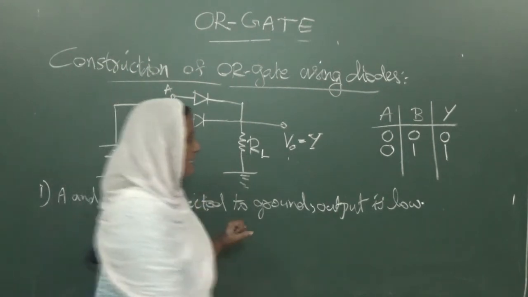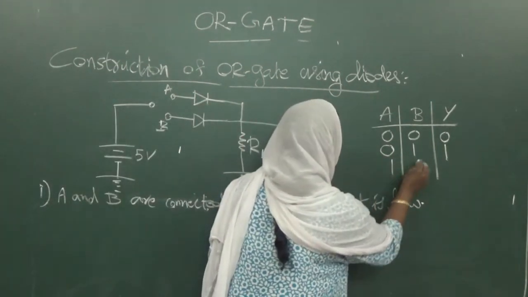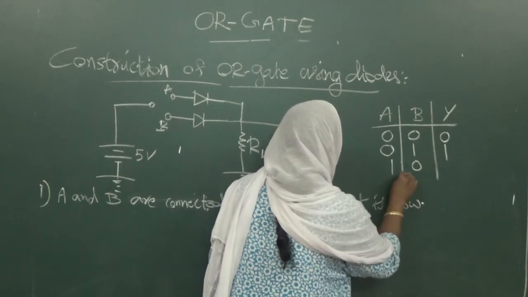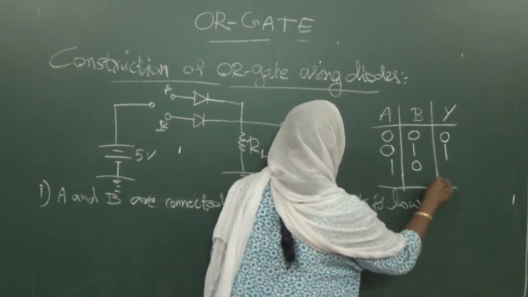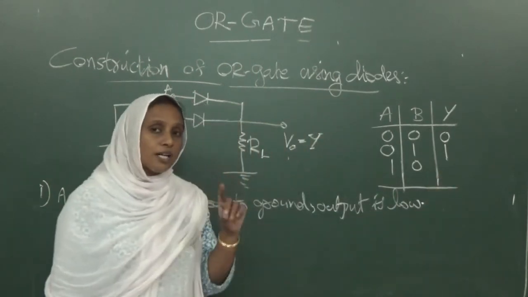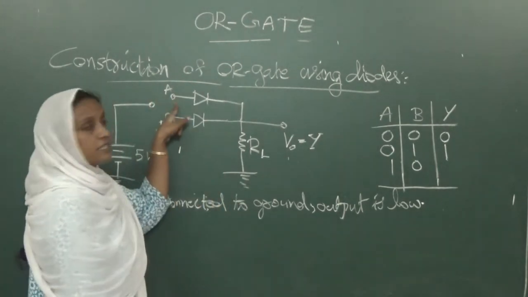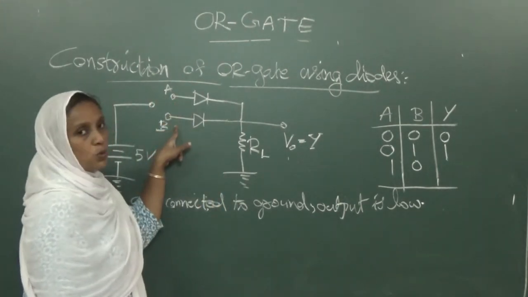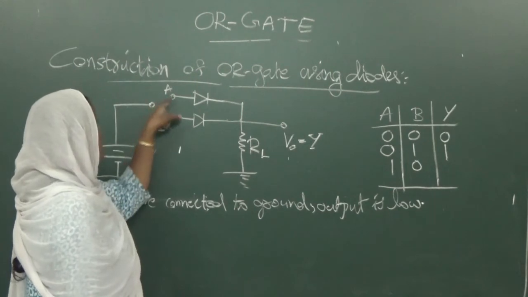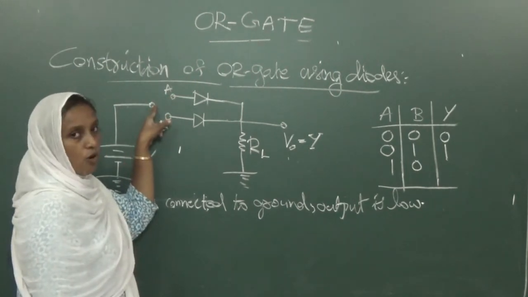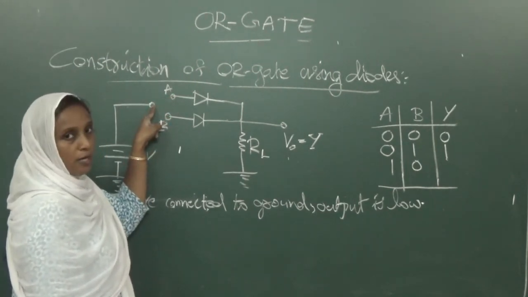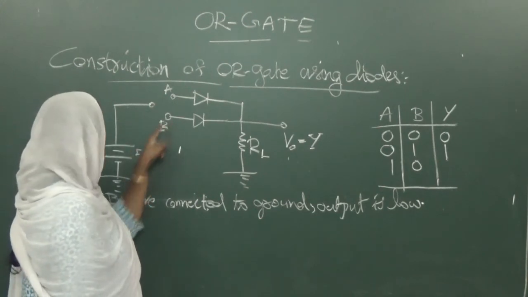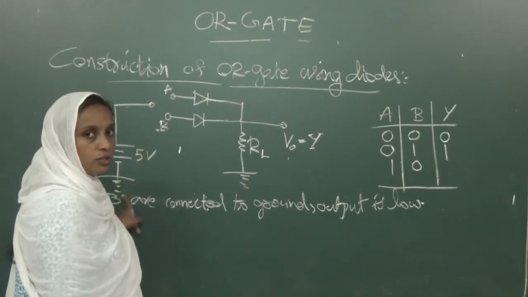What's the next case? Next case is 1, 0. 1, 0 means A is high and B is low. So A is connected to this plus 5 volt. A is connected to this point, and B is connected to ground.